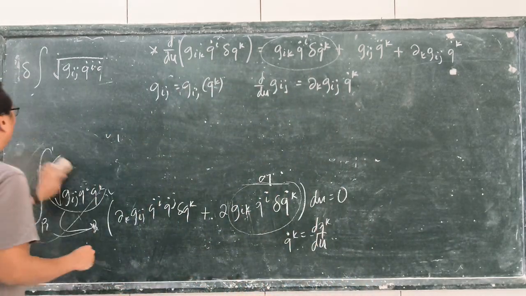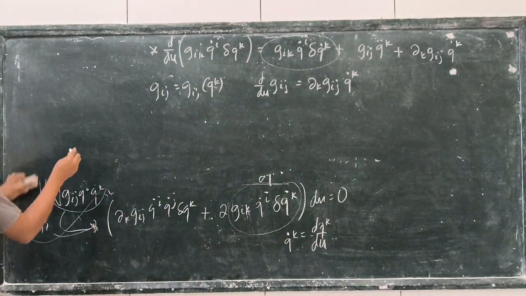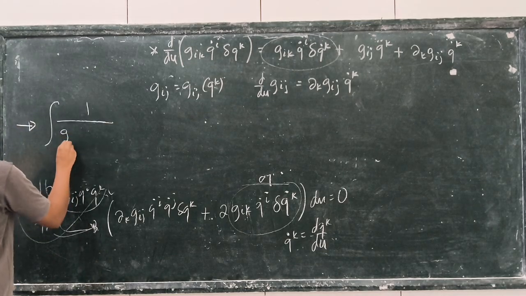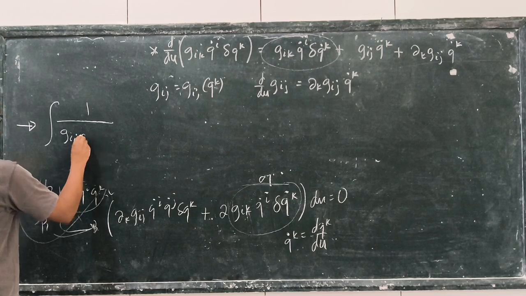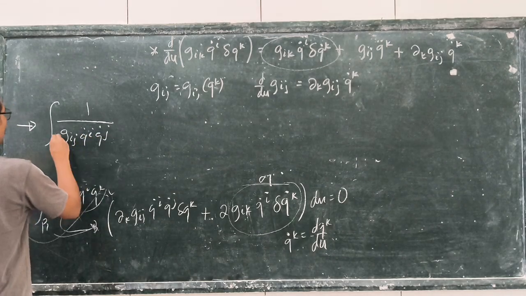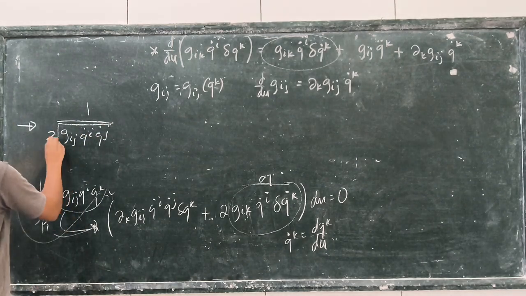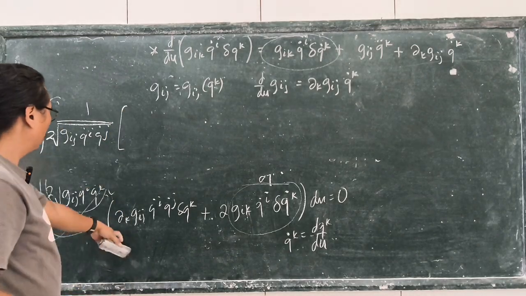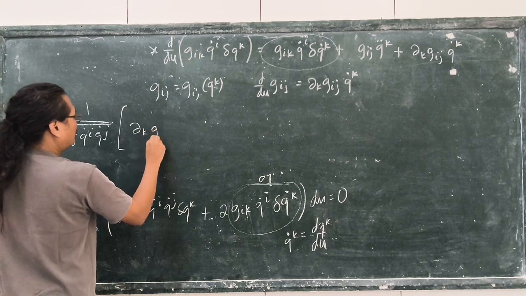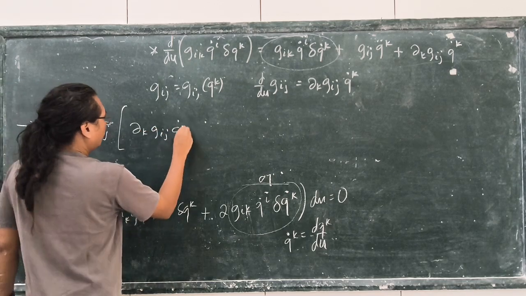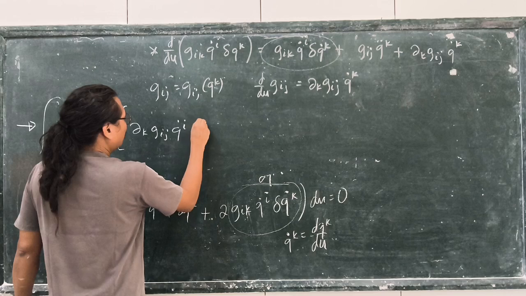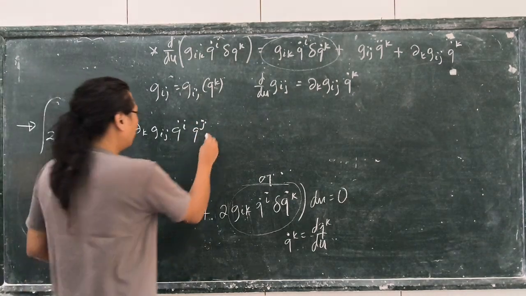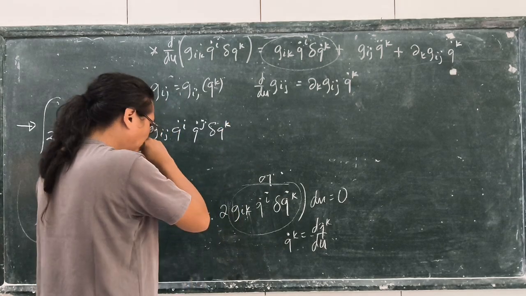So my integration now, we have here the integral of 1 over the square root of Gij Q dot I Q dot j, times 2, integral, times this partial K Gij Q dot I Q dot j delta QK.